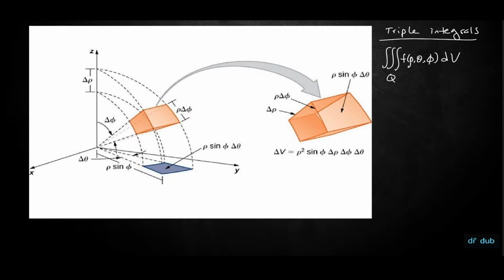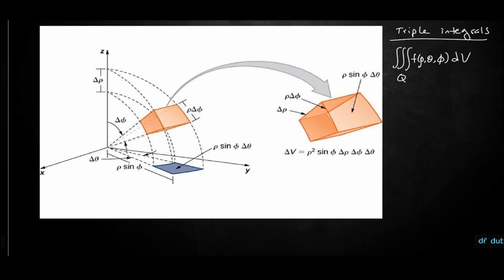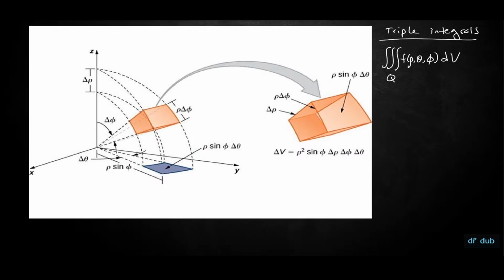So what we do is we make small cuts in the rho direction, small cuts in the theta direction, and small cuts in the phi direction, and that's going to give us a little differential piece of volume element between two spheres of slightly different radii. So then this length here is delta rho.